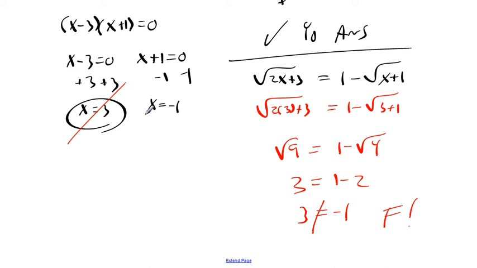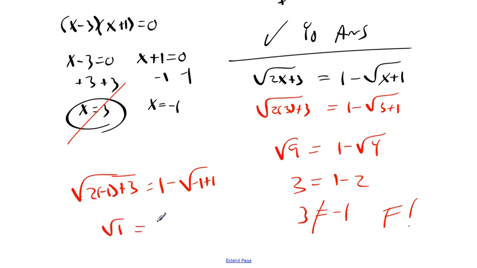Now let's go ahead and check negative 1. So I'm going to replace all the x's with negative 1. So let's see here. 2 times negative 1 plus 3, and is that equal to 1 minus the square root of negative 1 plus 1? Let's see. 2 times negative 1 is negative 2. Negative 2 plus 3 is just a positive 1.